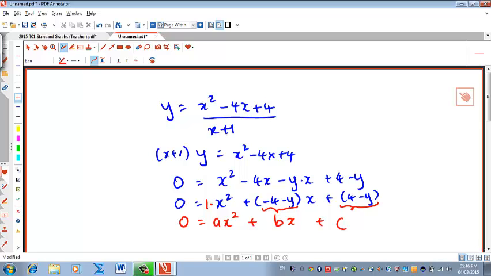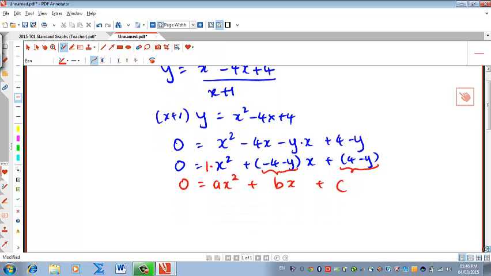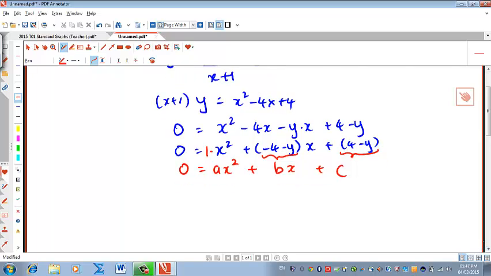So when we speak of the portion of the graph where y cannot take certain values, meaning there's no graph, it means we have no real x. When we have no real x, it means b squared minus 4ac is less than 0. That is what you are familiar with from secondary school.